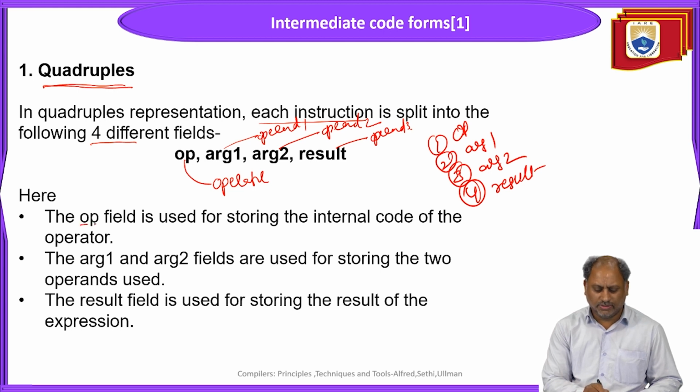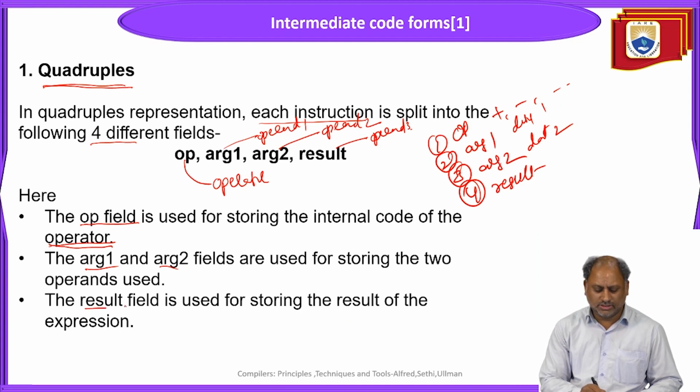First is the operation field, the operator. It stores whether it is a plus, minus, or any other operator. Argument fields hold the data that is to be used, so this is data 1, data 2.